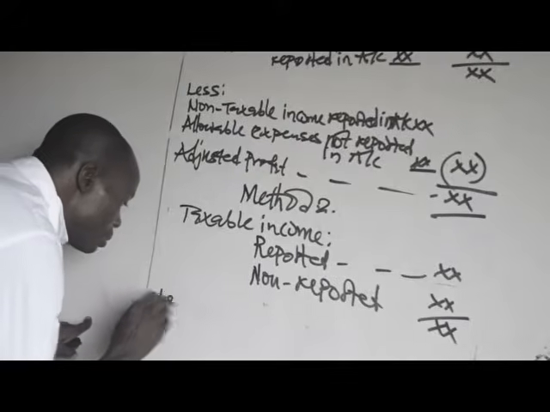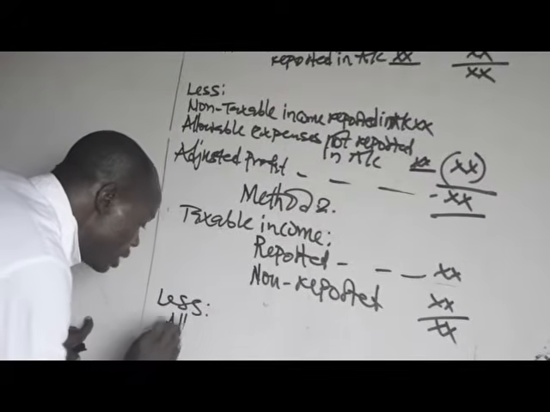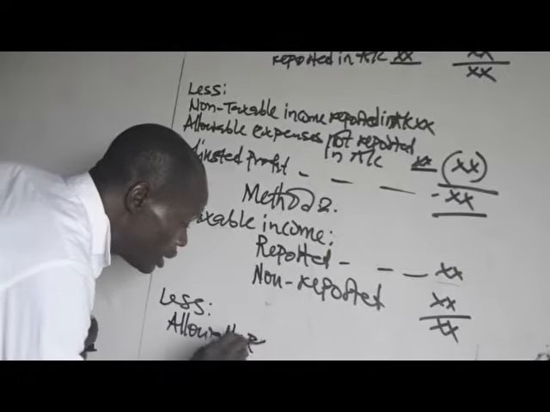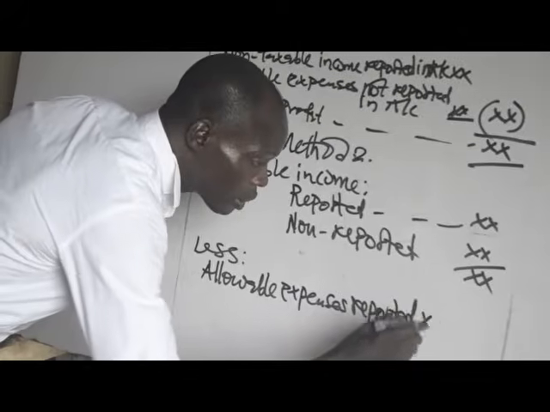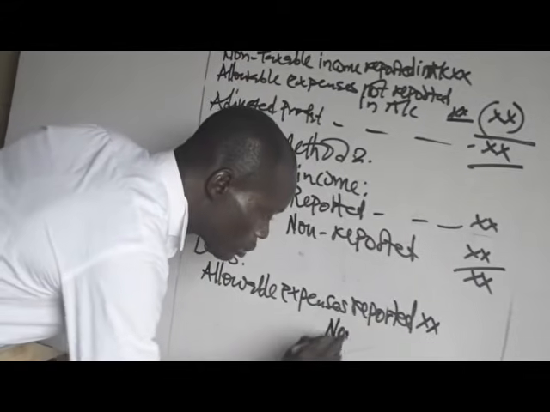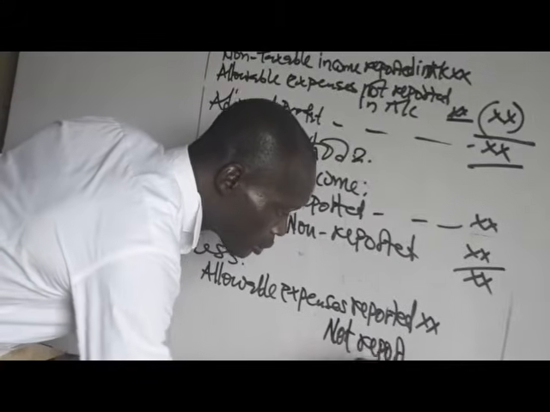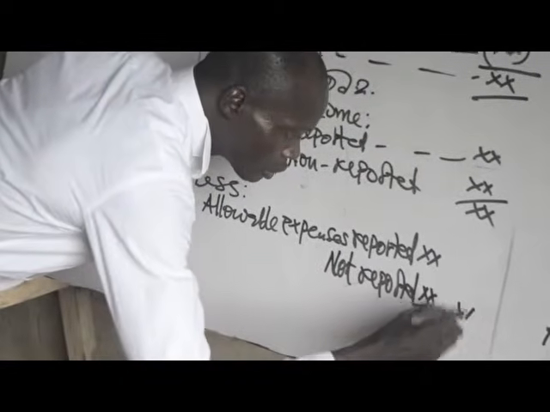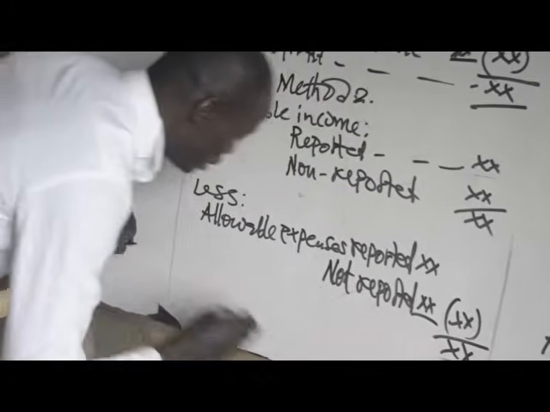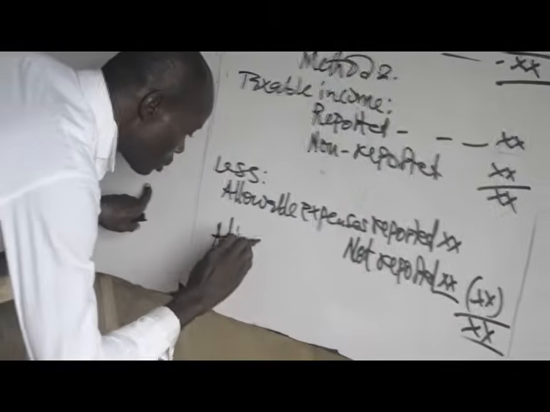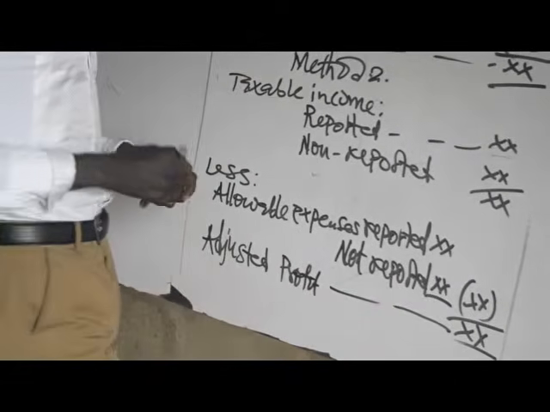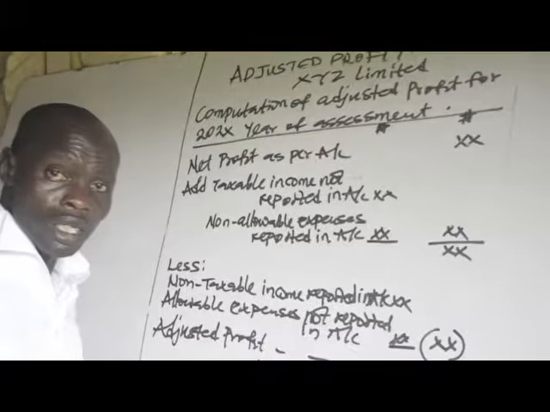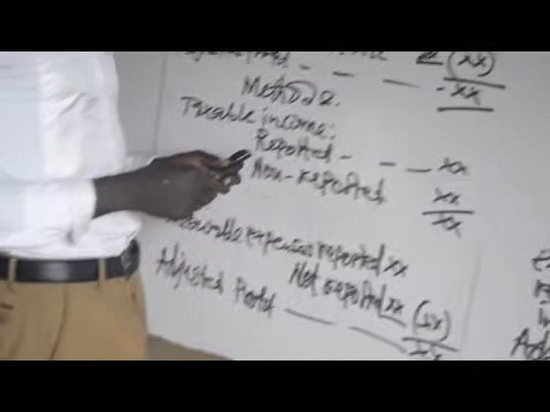You now less allowable expenses, the expenses reported in account and the one not reported. Then when you less that, you arrive at the adjusted profit. So these two methods will give you the same result.